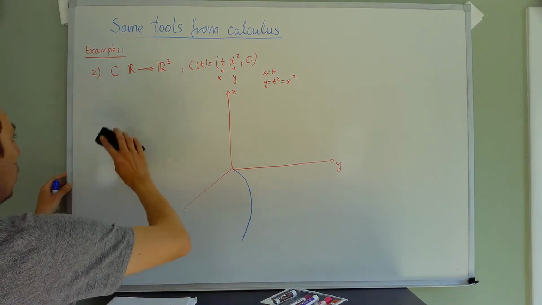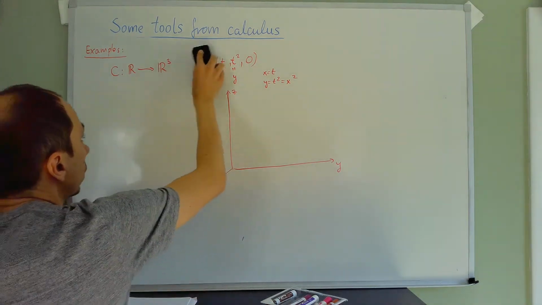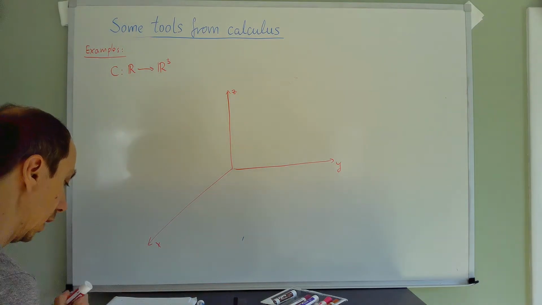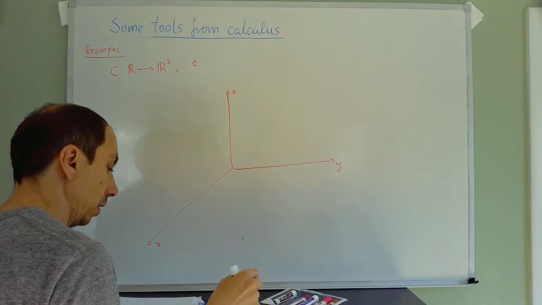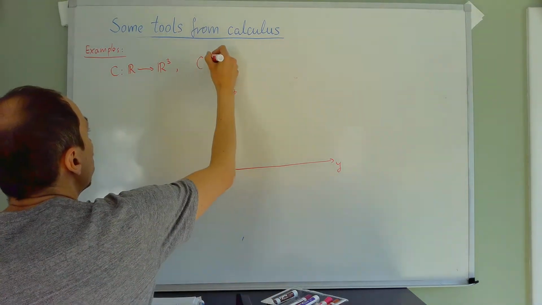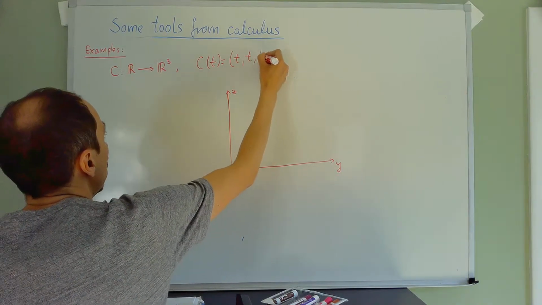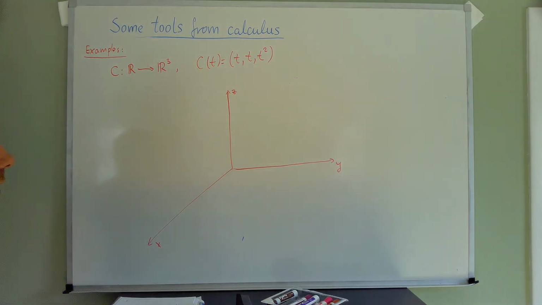Let's modify this a little bit. Let's look now at a curve given by, I'm sorry, it should be capital C, C of t equal to (t, t, t squared). So what's happening here?